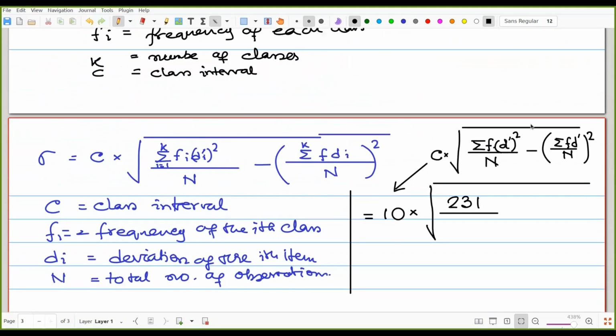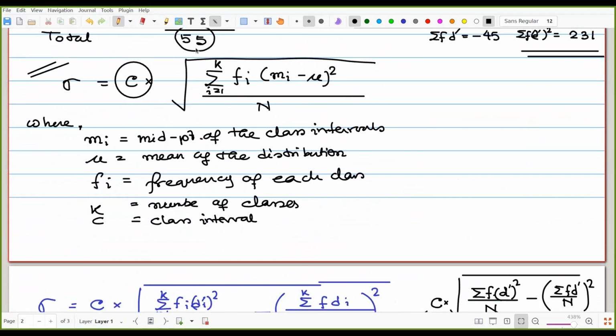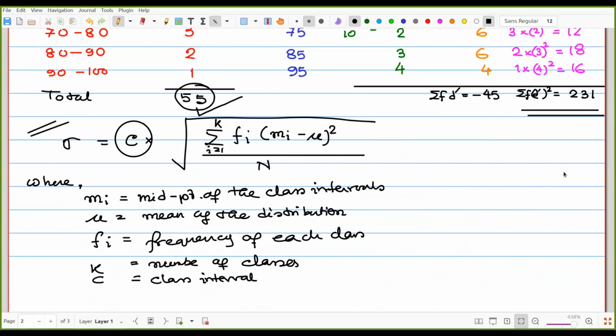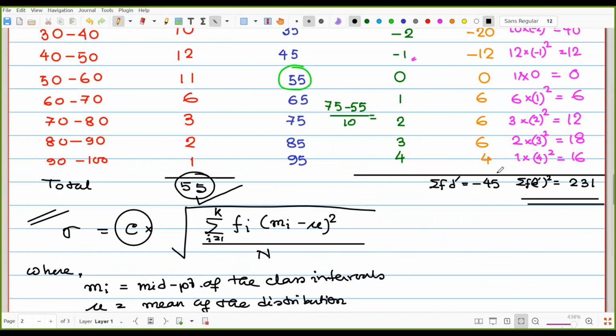Then divided by the N. N means here 55. So write down here 55. I am just giving you the values 55, then minus the summation of f d', that is the previous last column, that means minus 45.